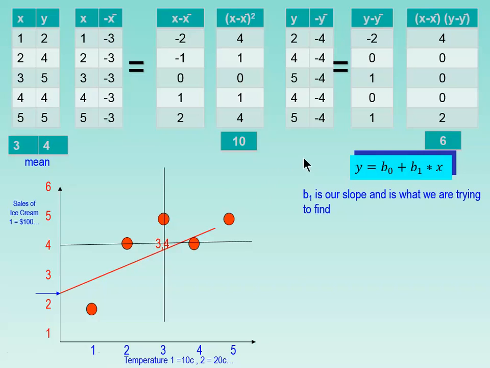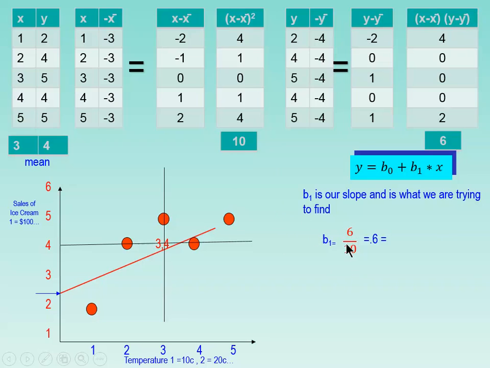So b1 is our slope, and right now it is what we're trying to find. What happened here was we took this column and added it up, and this becomes our denominator. This column we added up, and this becomes our numerator. Just try to remember that.